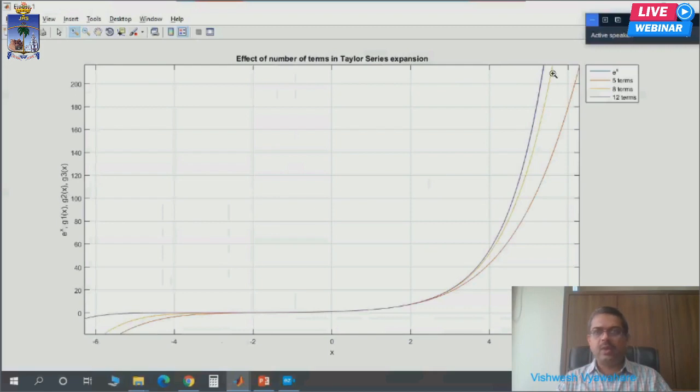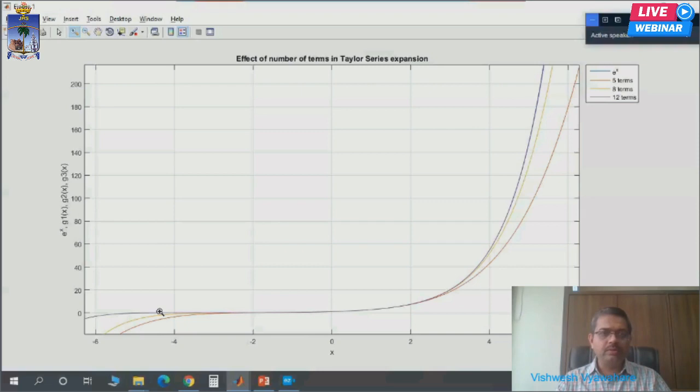Now the Taylor series expansion with 5th order term, it deviates. This is my original e to the power x. It deviates as x increases for 5 terms. Then for 8 terms it is closer to this. The 12th term is almost indistinguishable from the original function.